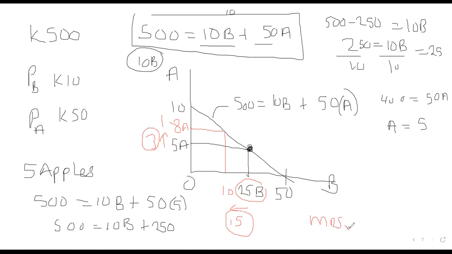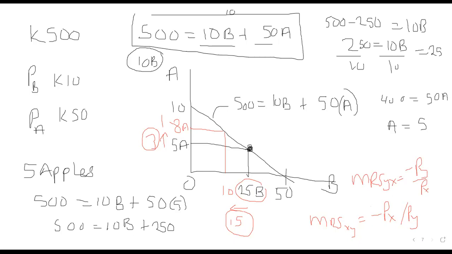So marginal rate of substitution X for Y is given by negative price of X over price of Y. If the MRS was starting with Y for X, we're going to have negative price of Y over price of X. It is negative because we're exchanging one for the other. It's an inverse relationship.